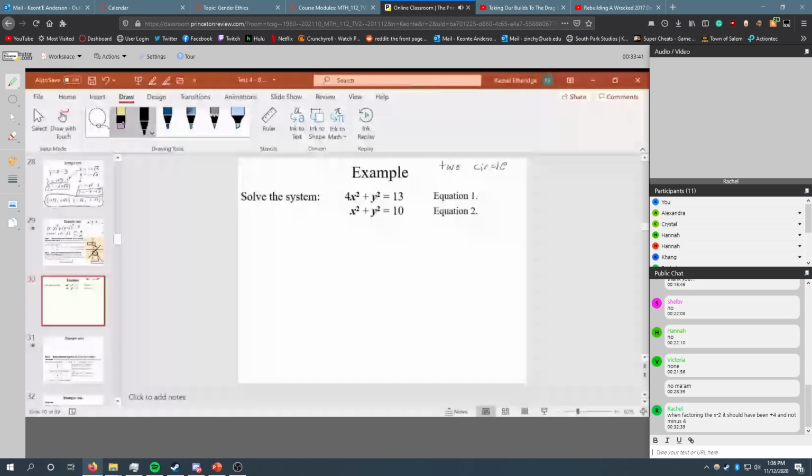What we actually have is an ellipse and a circle. Because if there's a number out in front of this x squared, this is going to be an ellipse, which we don't really graph in here. But we can solve these algebraically. So this is a circle and an ellipse. But I can use elimination here.